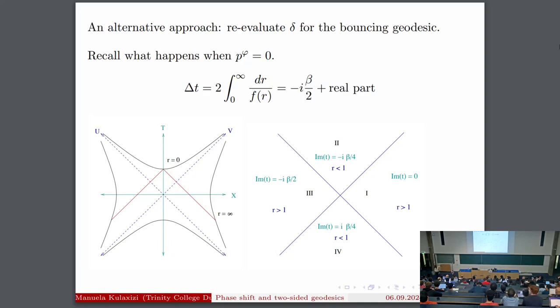The point is that there has been a lot of discussion about that, and there was earlier work. One could see, for example, by just computing the time delay, if you fix the angular variable to be the same, that the particle is in some sense lost from sight on one side of the black hole, and it appears on the other side.